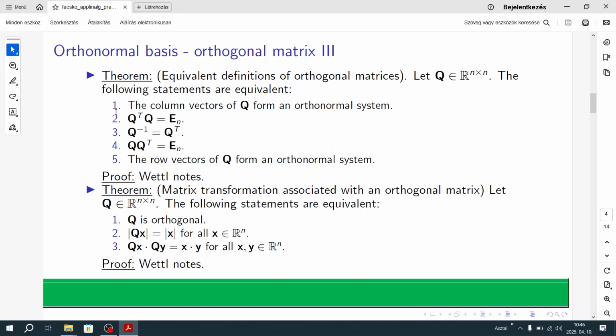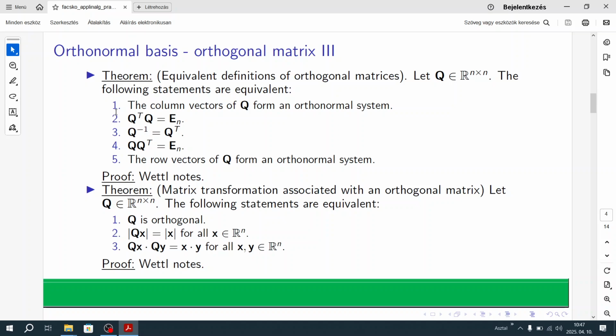And if you look at Q inverse equals transpose, if you check statement 2 or 3 and recall the definition of inverse, that's the inverse. What was the inverse? The inverse was that matrix that you multiply with the original matrix and you get the identity matrix.